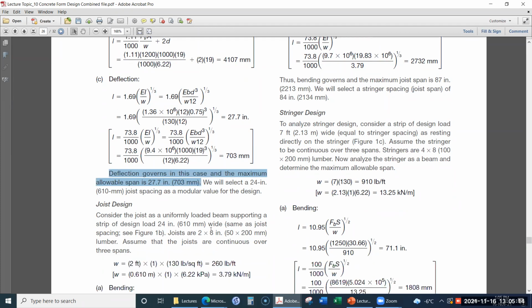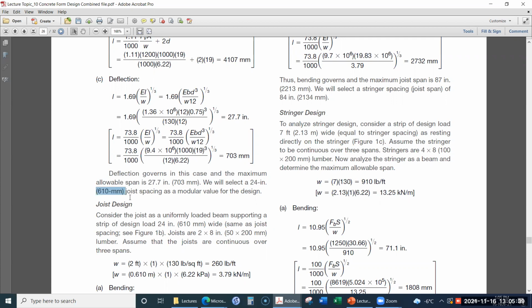So for a modular value, we can take 703 millimeter, which is equivalent to 27.7 inches. Close to 27.7 inches, a rounded modular value is 24 inch. That can be taken. So instead of 703 millimeter, we can further reduce it to 610 millimeter joist spacing.